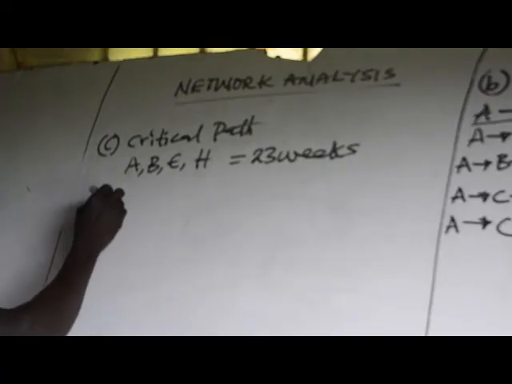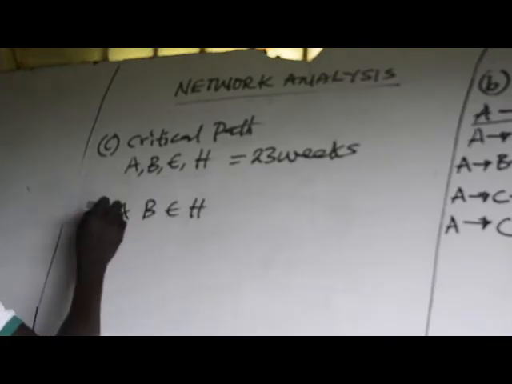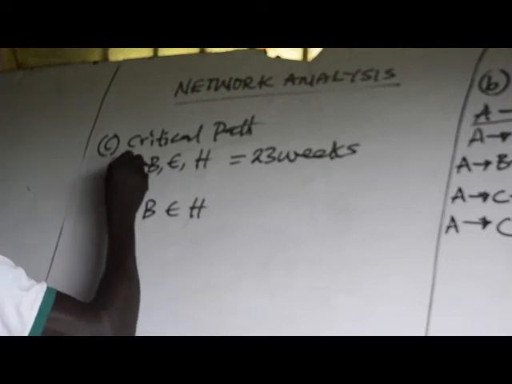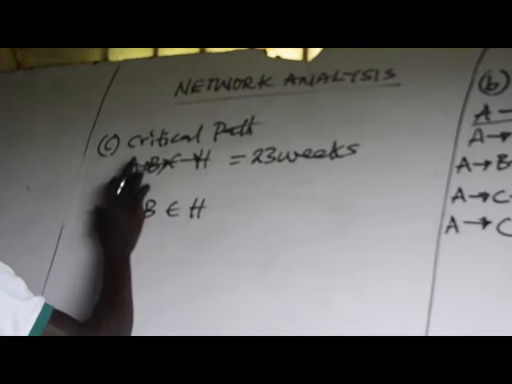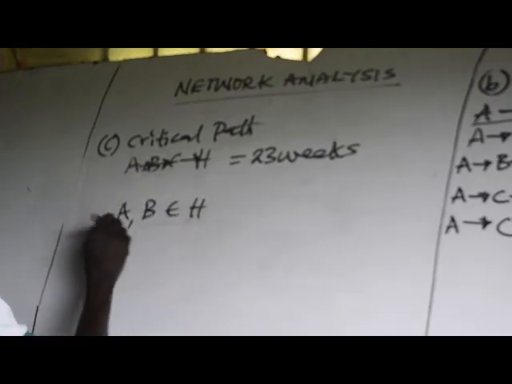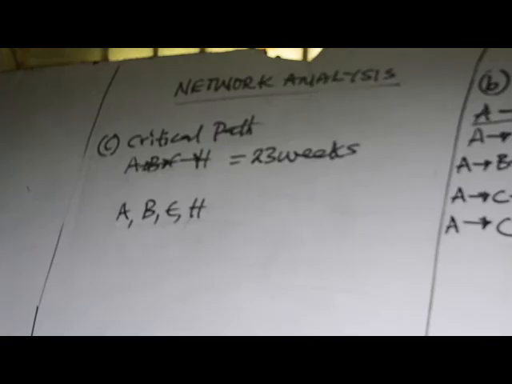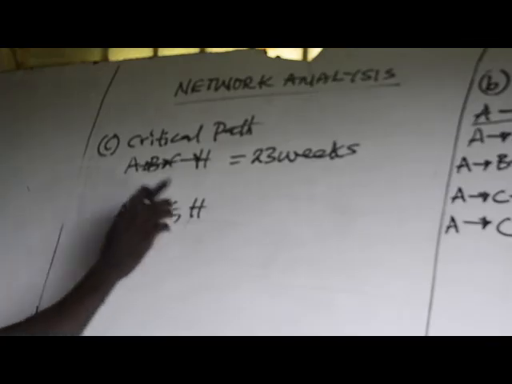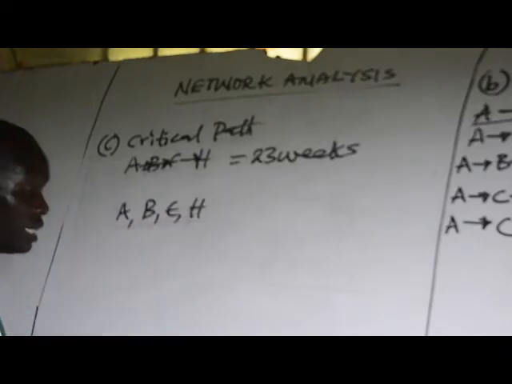The critical activities are A, B, E, and H. The part we took, A to B, B to E, and E to H, that is the critical part. Now, the duration is 23 weeks. So that is the answer.